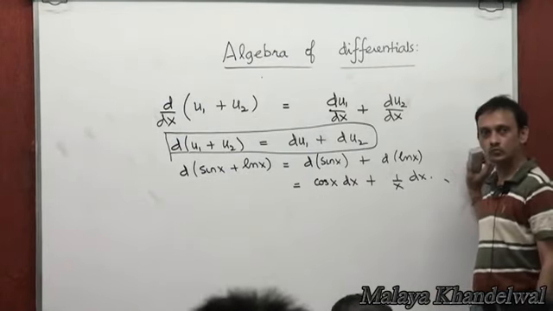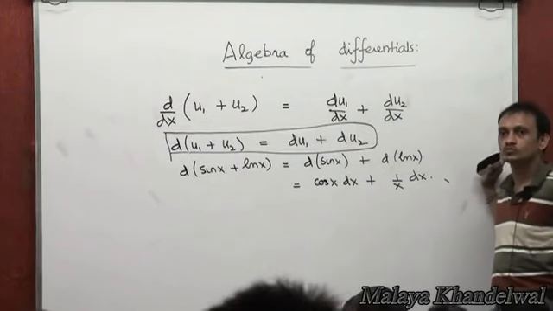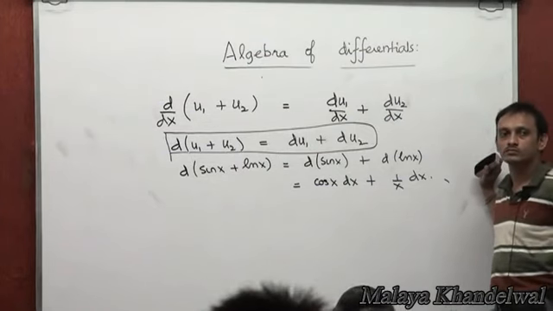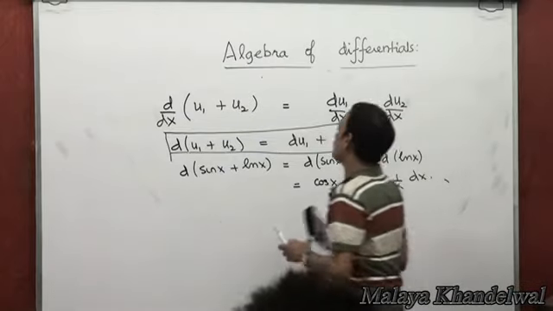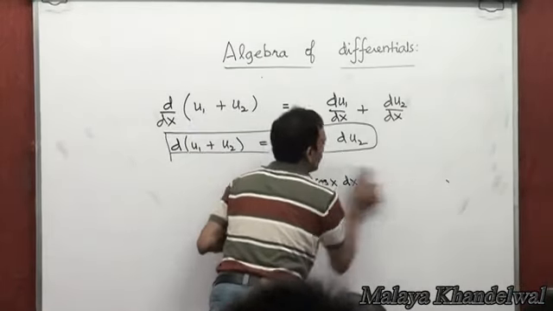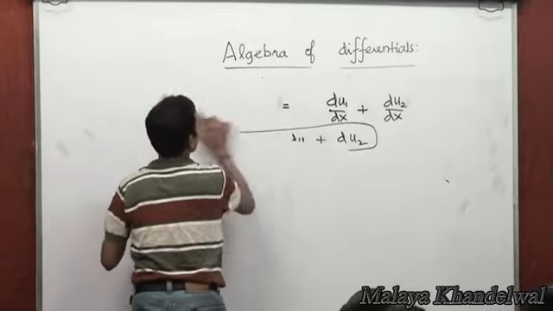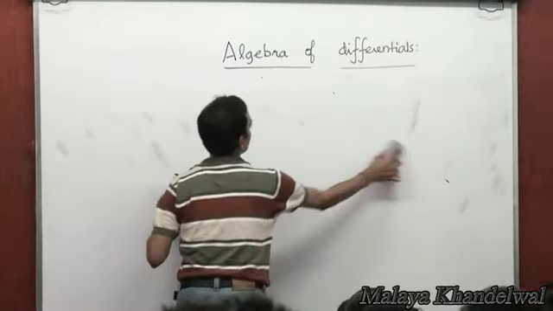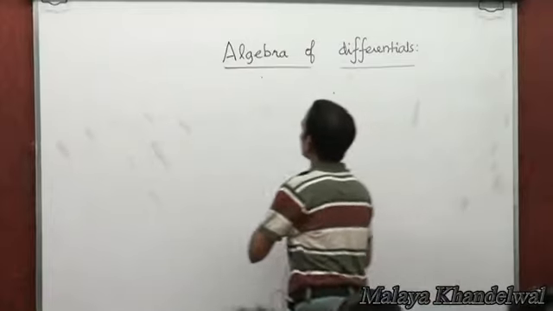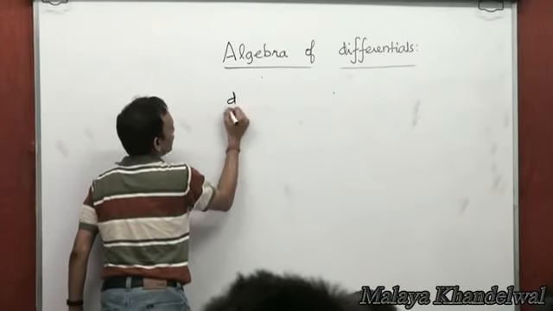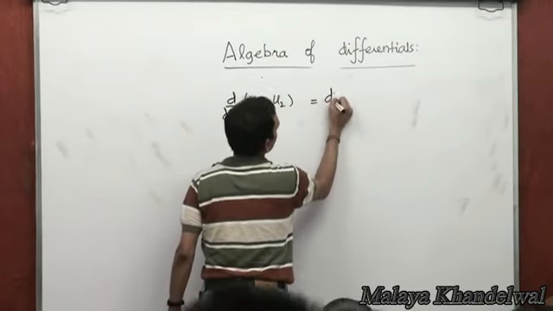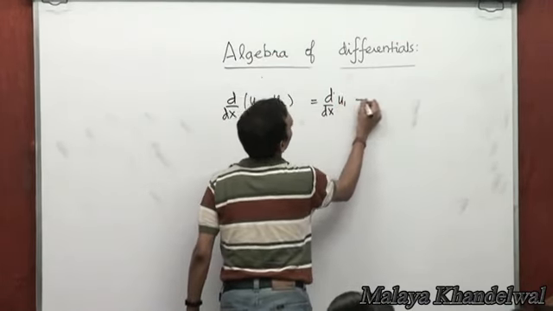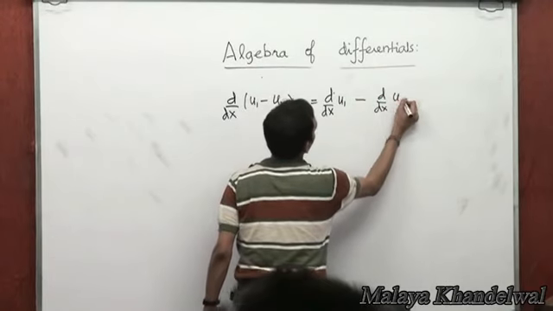Can I wrap this off? Similarly, if you had a difference, very clearly, d dx of u1 minus u2 is d dx of u1 minus d dx of u2.